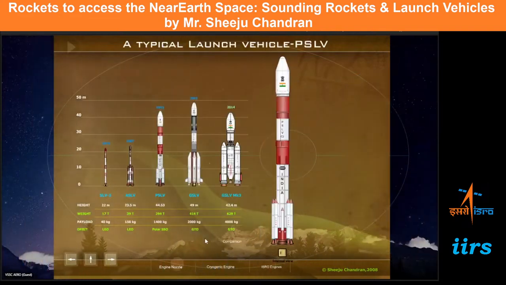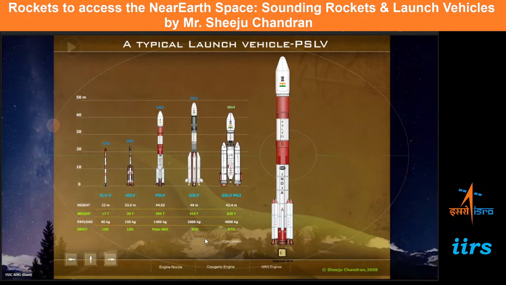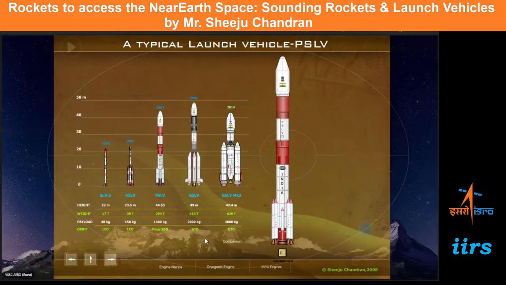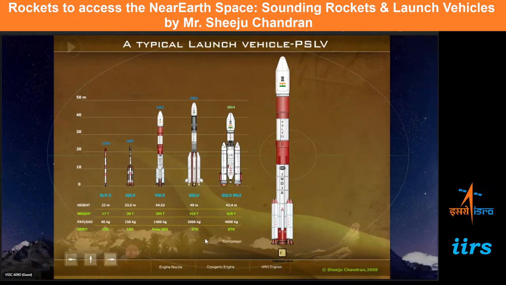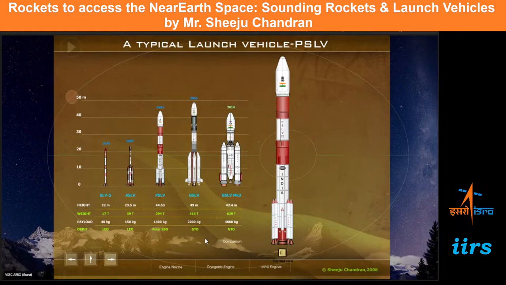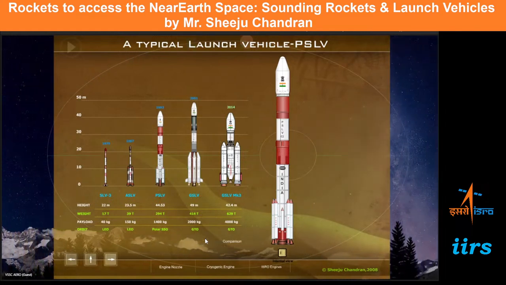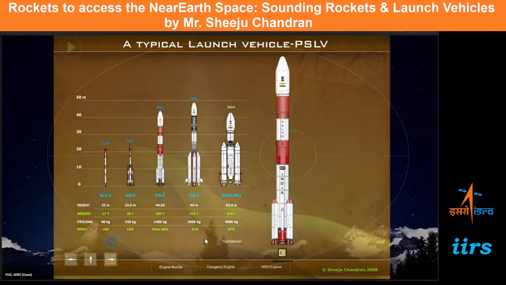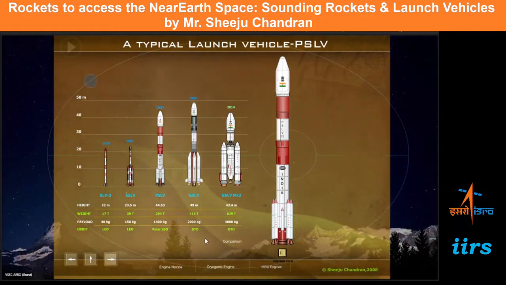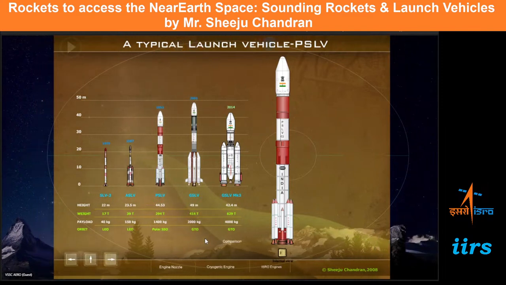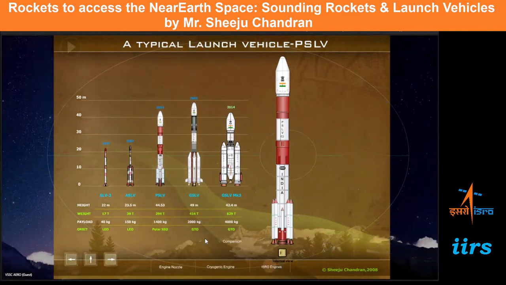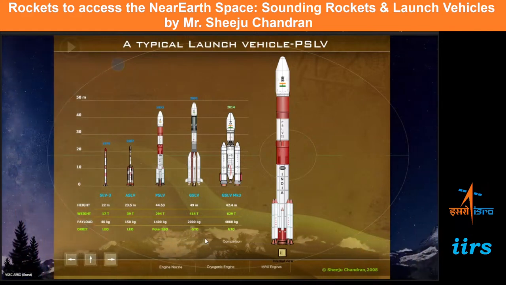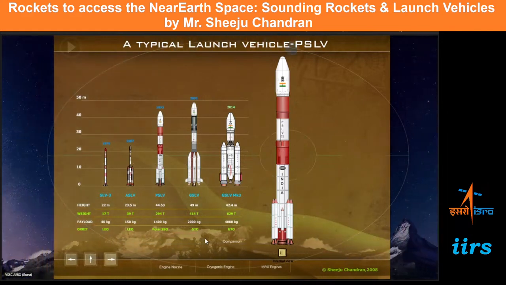Now, we have seen the types of rockets, the rocket stages, and from the fundamentals, the physical state, we have mentioned that there are solid engines, liquid engines, cryogenic engines, etc. They are basically a combination of fuel, oxidizer, as well as a nozzle, and a lot of other systems to take the fuel and oxidizer into the engine and burn it.